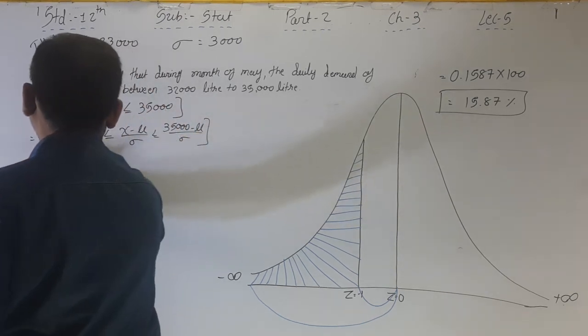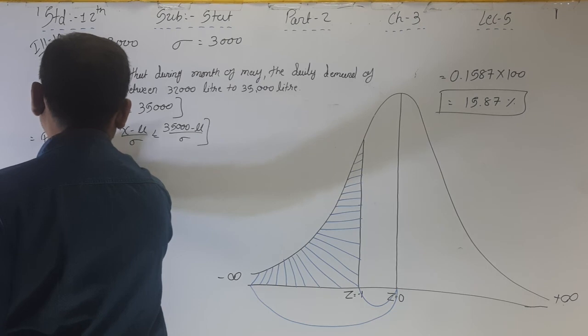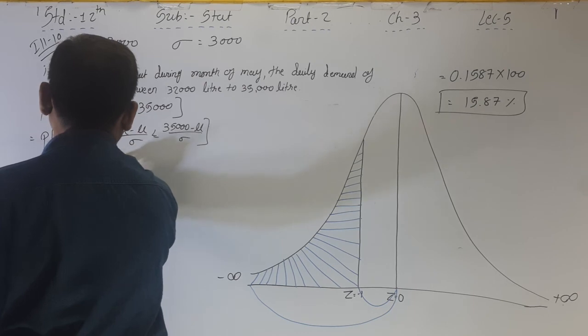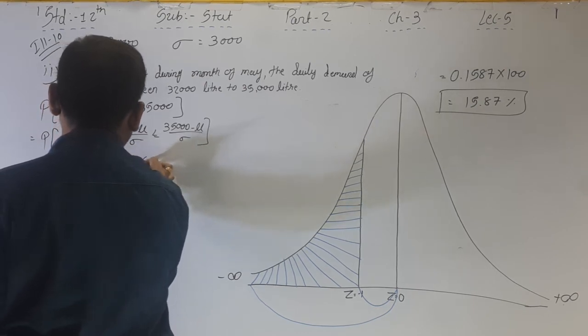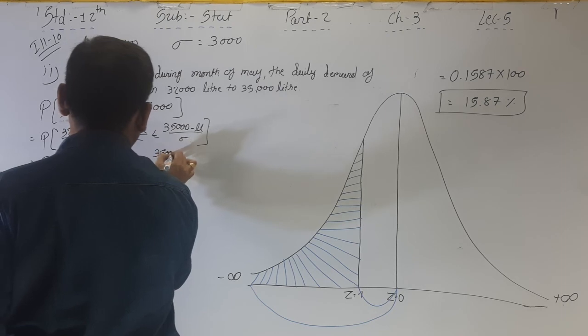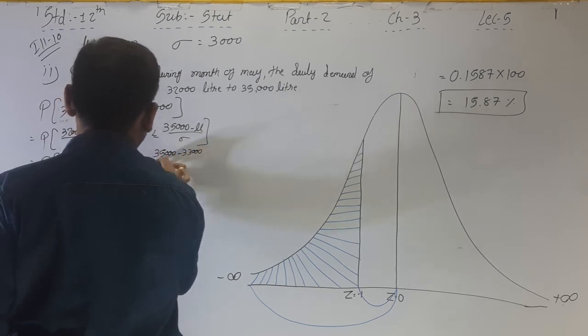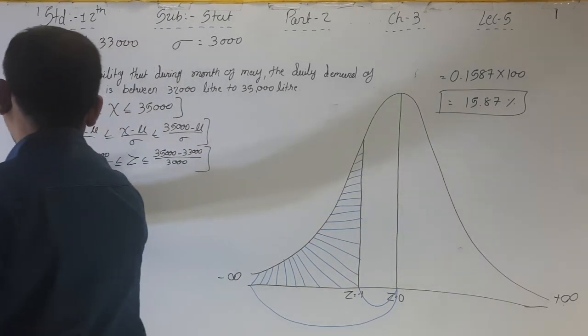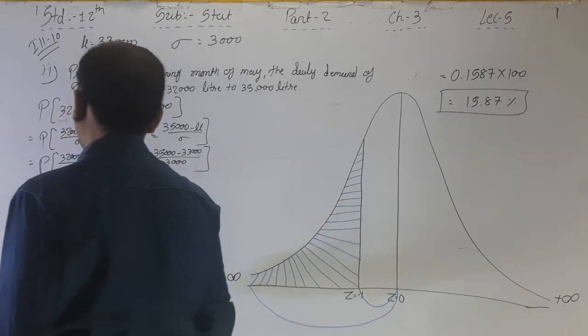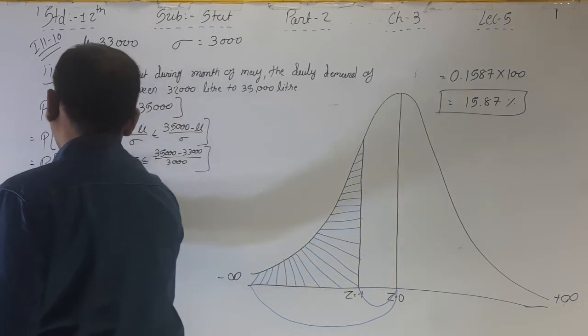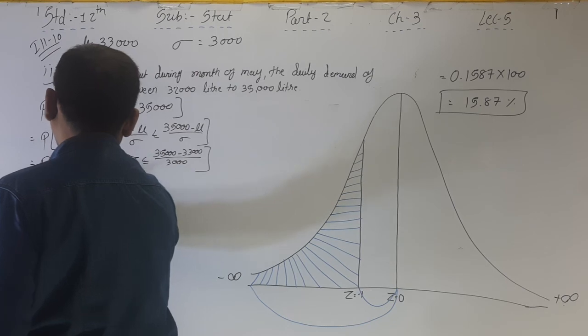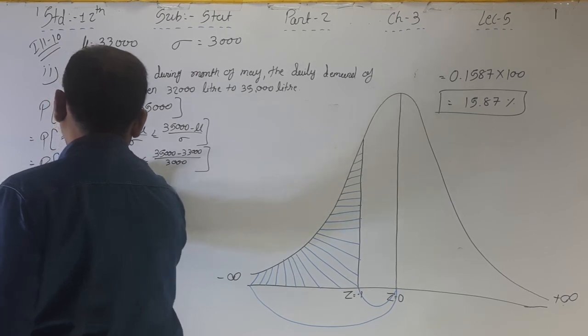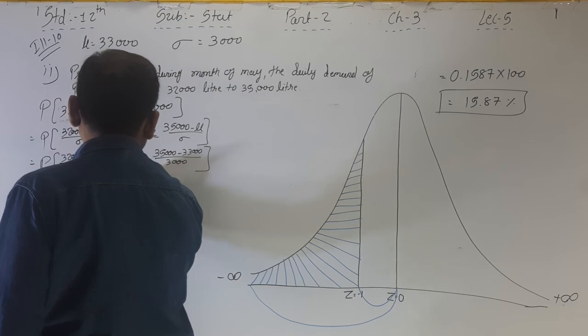Now put the value of mu and sigma, that is 33,000 and 3,000. Here z, here 35,000 minus 33,000 upon 3,000. So the value is here minus 1,000 divided by 3,000 less than or equal to z less than or equal to plus 2,000 divided by 3,000.